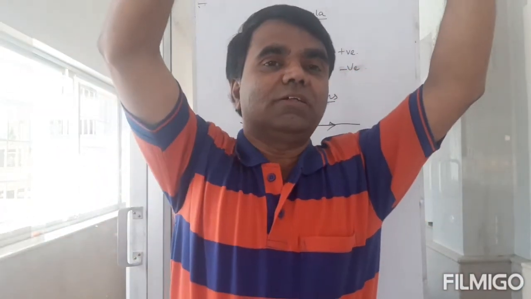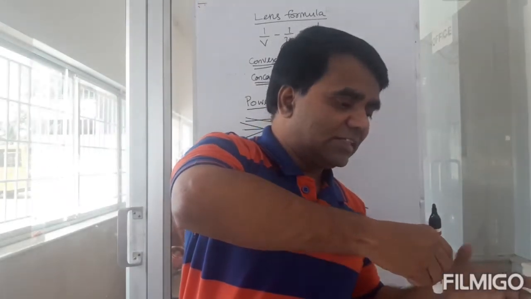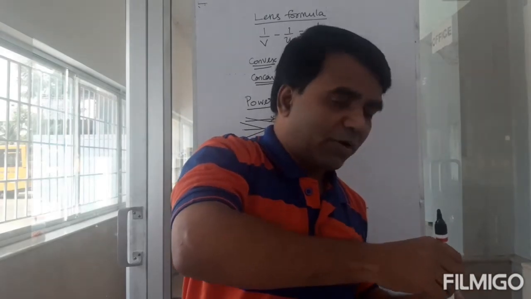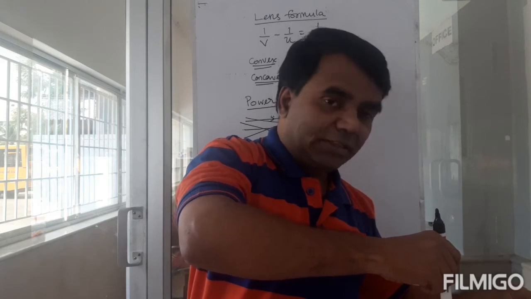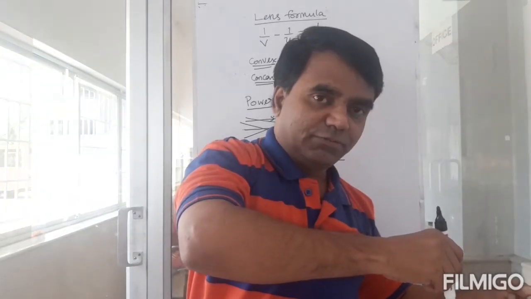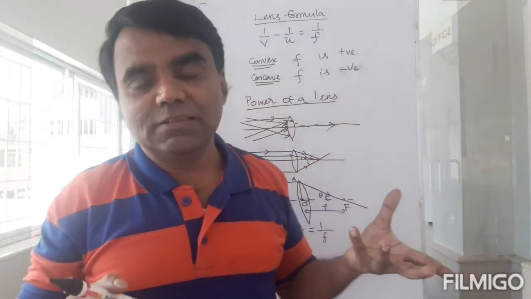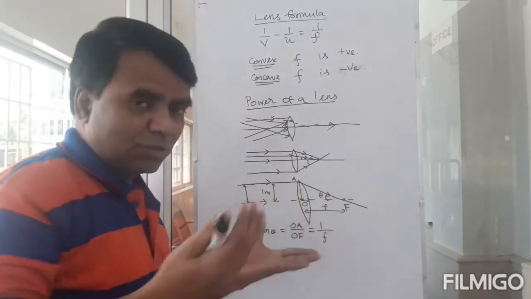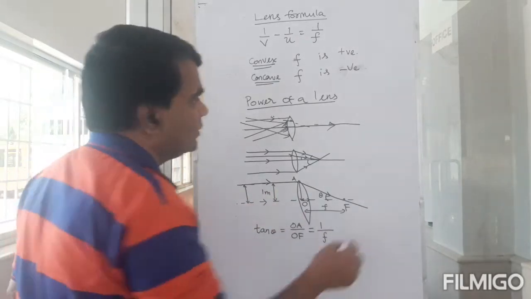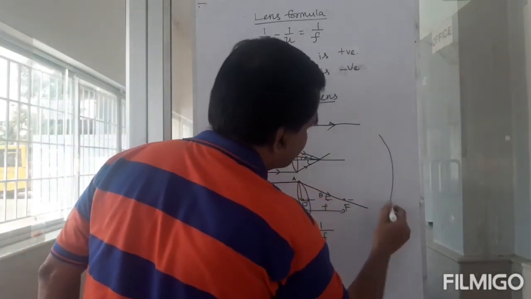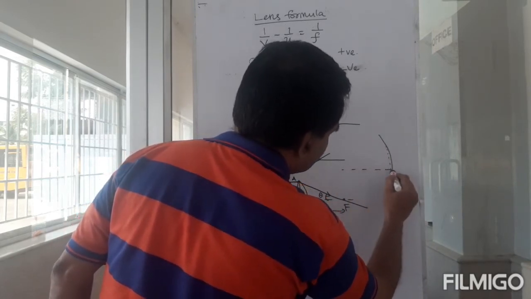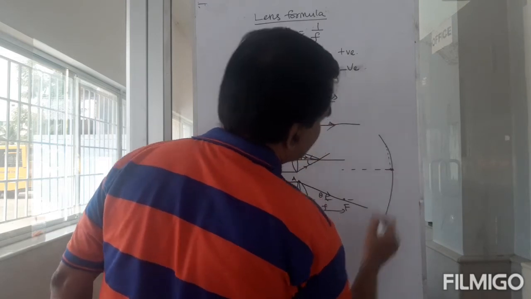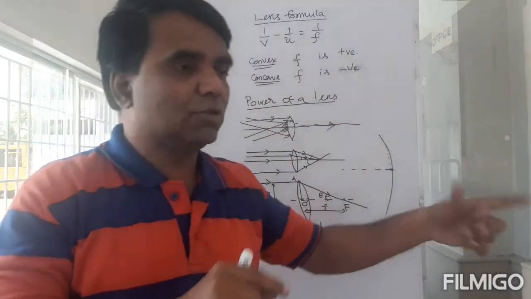Then, even at 1 meter, if we drop a vertical line from there, the distance between the point at which it meets the axis and the peripheral point of the lens would not be much. You can ignore it. So that's what we keep saying about paraxial lines, right? If this is really wide like this, then if I drop this vertically, I can ignore this distance. It will be really close to it.